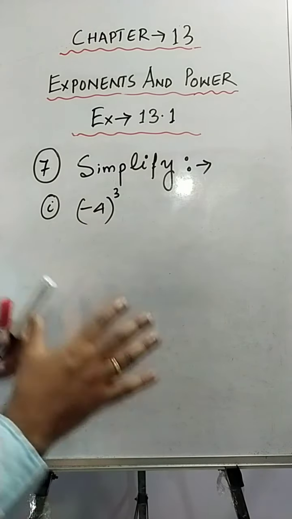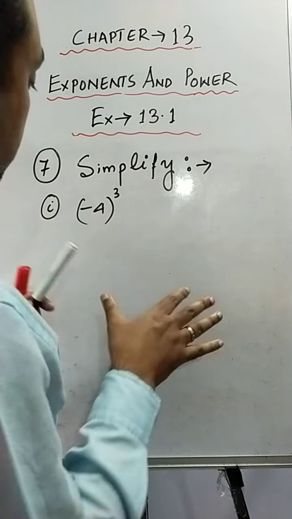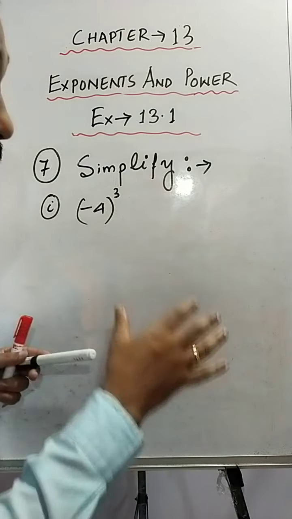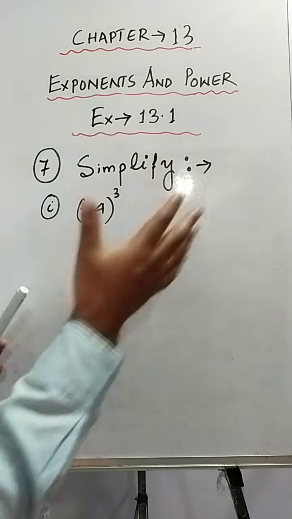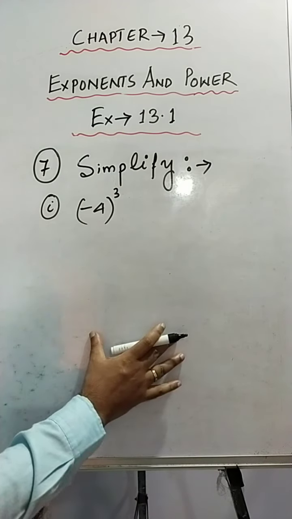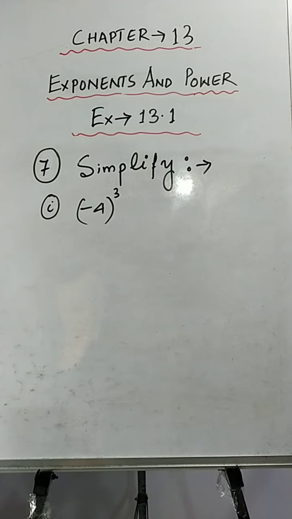Before we start with this sum, I just want to tell you something very important, not just for this class but for the rest of your classes also. Just write it down in your copy.